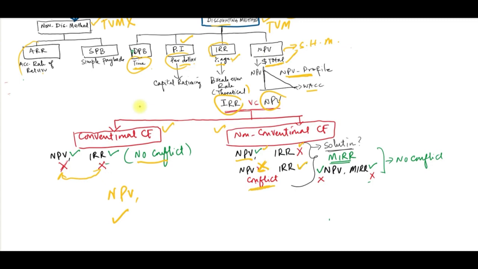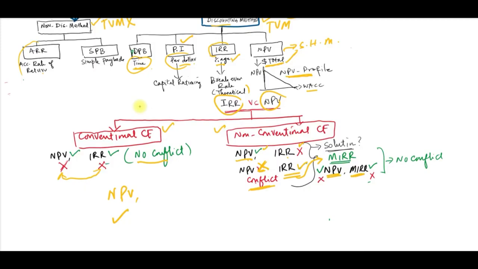In that case we have multiple IRRs, so the solution is called MIRR. The conflict was between NPV and IRR, so after we calculate MIRR, there would be no conflict between NPV and MIRR, not IRR. Please remember that it would be MIRR.